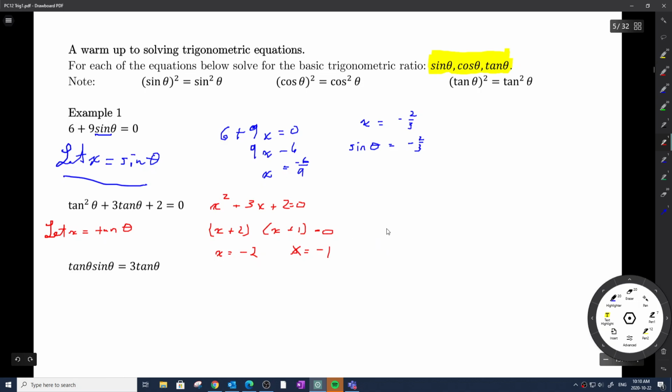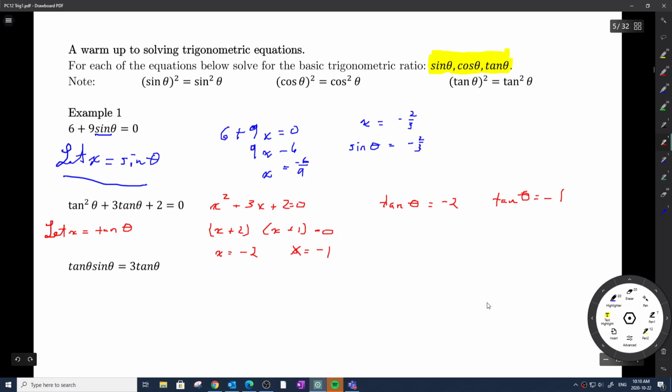But really, I have to remember, I'm not solving for x, I'm actually solving for tan. So I have to say, tan theta is equal to 2, or tan theta is equal to 1.